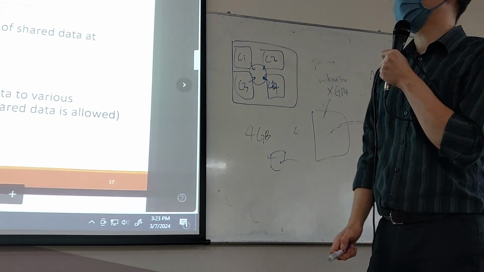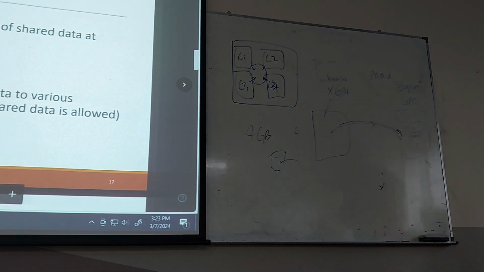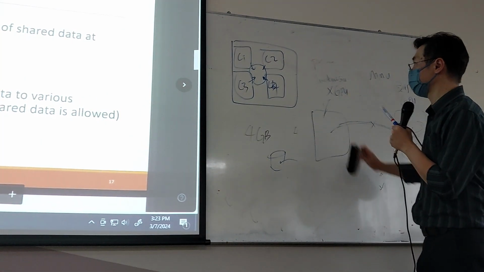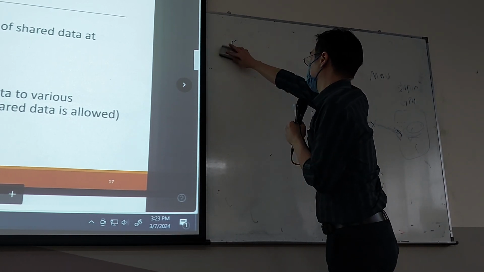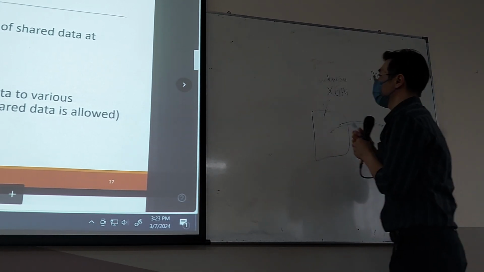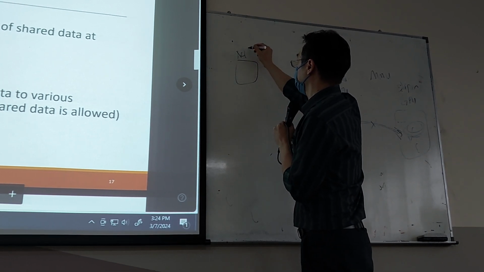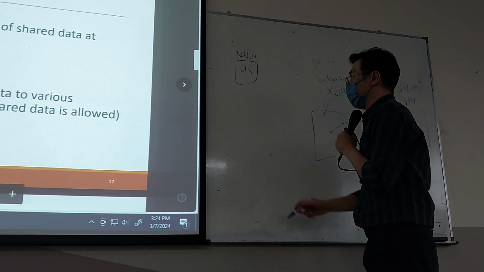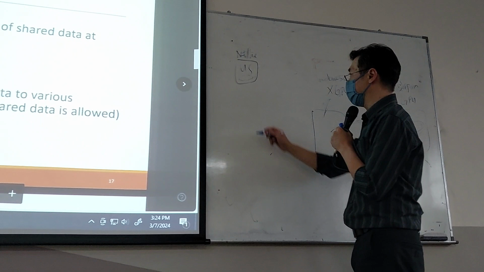Now, how about replication? There's another way to distribute your shared data, by replicating. This was one example for migration. Let's look at replication. I think I've talked about it before. This is a Netflix server in the US, and I have video for all the movies.